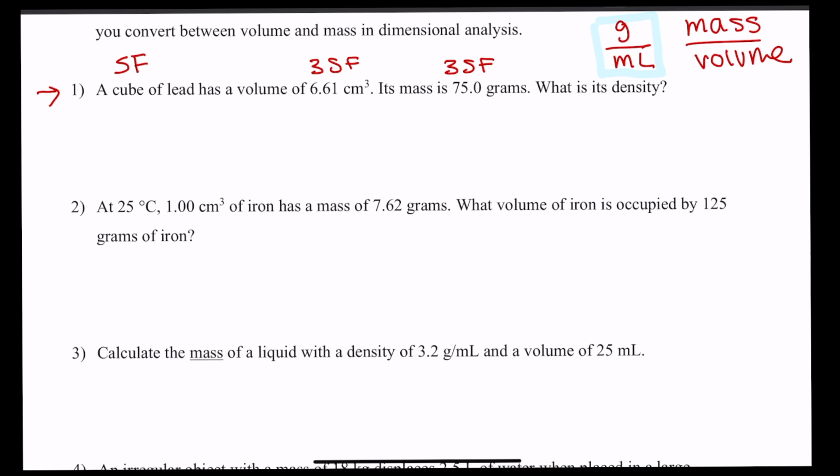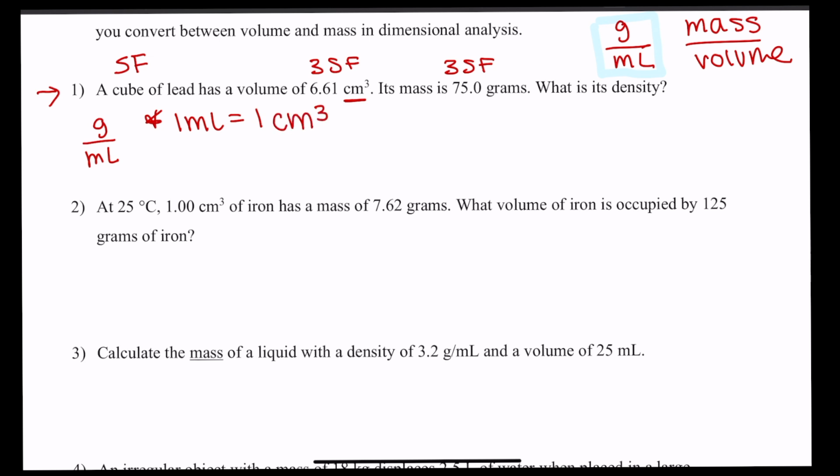So do you know how our standard unit for density is grams over milliliters? We are given the volume in centimeters cubed. Another key thing to remember for chemistry is that 1 milliliter is equal to 1 centimeter cubed.